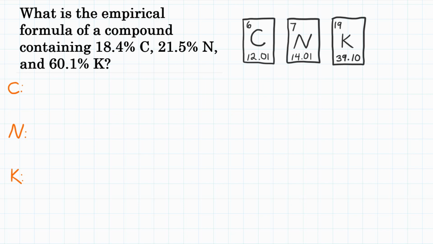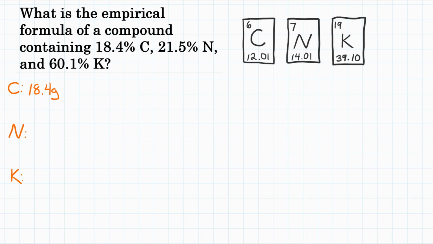So let's say if we had 100 grams of this carbon, nitrogen, potassium compound, we would have these exact percentages as grams for these three elements. So again, if we had 100 grams of this compound, 18.4% being carbon, that would mean 18.4 grams.